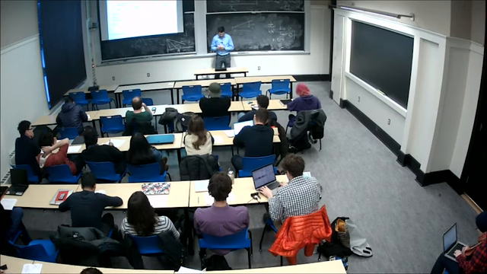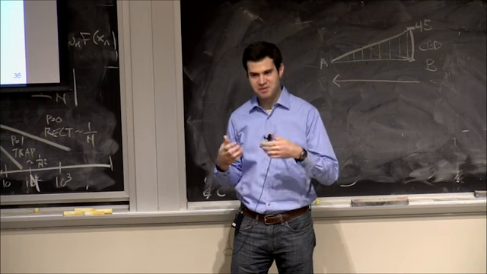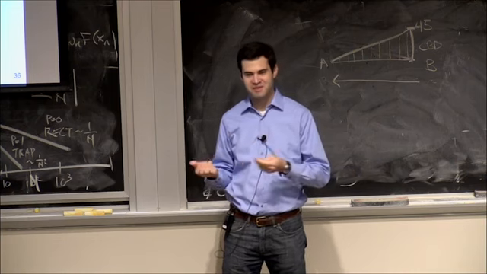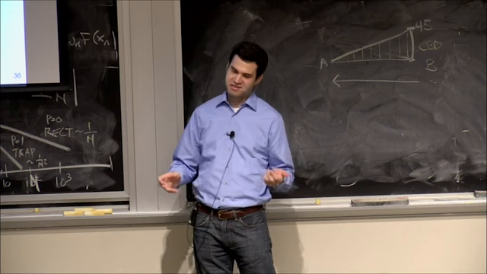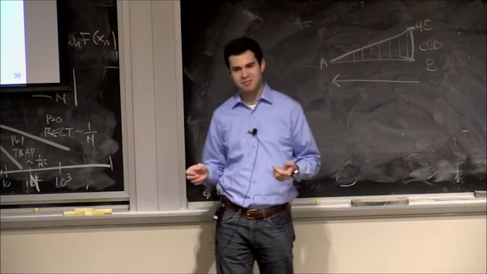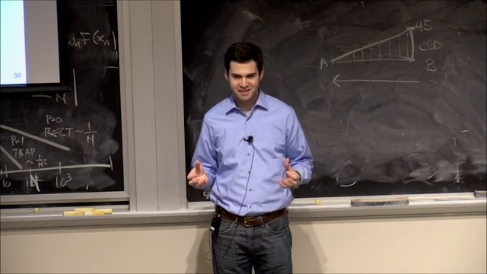And the second one was why does there seem to be investment in rail when it seems like the ridership is decreasing and the amount of revenue vehicle miles are going down as well. So this is more of a planning and politics question, I think.